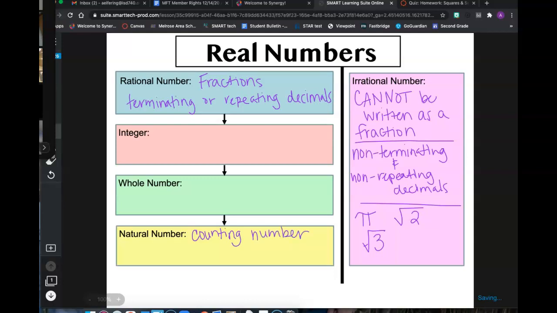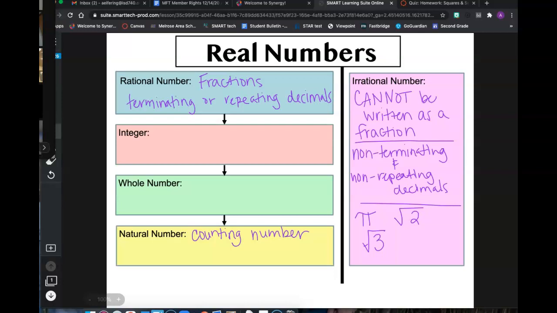Okay, so I'll write that down. When you were little, like when you were 3 and you started counting, how did you start counting? I see some of you doing this. Absolutely. You used your fingers, right? You went 1, 2, 3, 4, 5, and so on. Now, when you were little, you maybe only went to 10 because that's all the fingers you had.